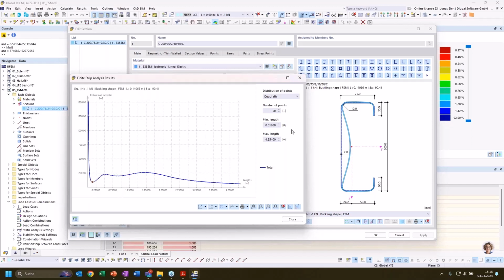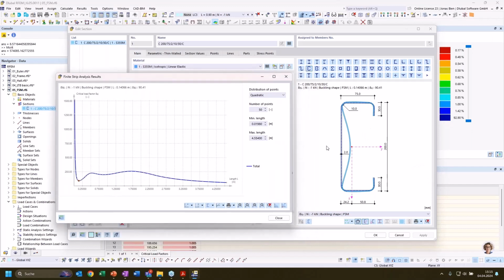On the right side, we can also see how the cross-section deformation would look in this particular mode shape. And we can go along this signature curve and investigate the different mode shapes that would be critical for a certain buckling length.